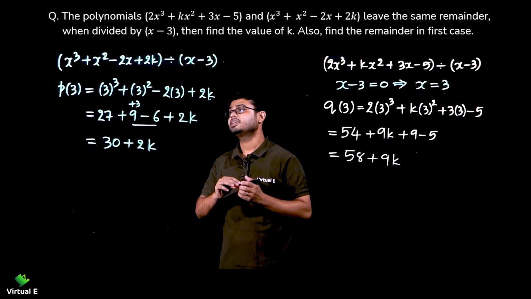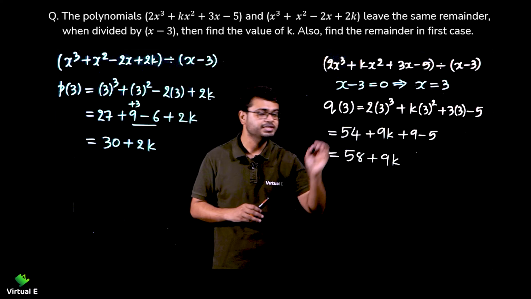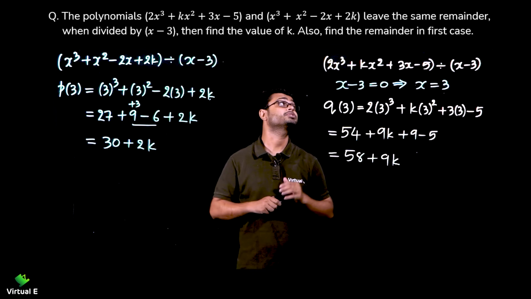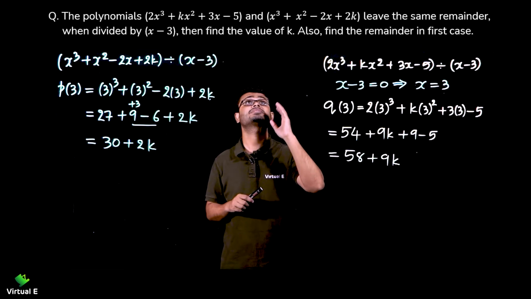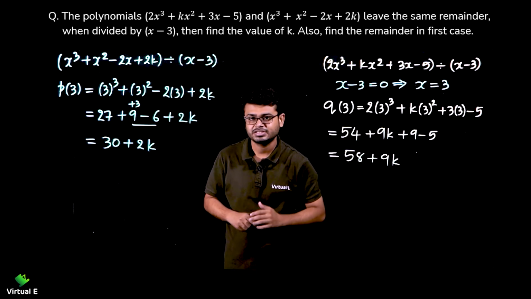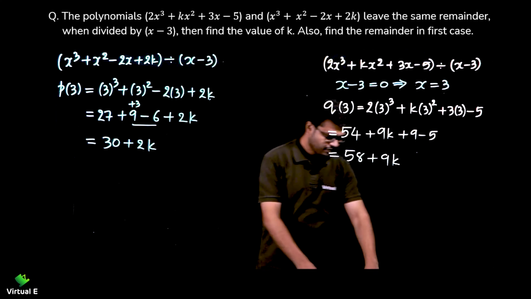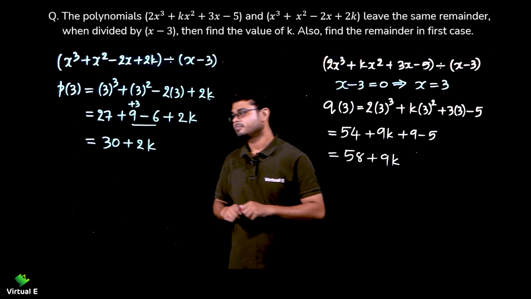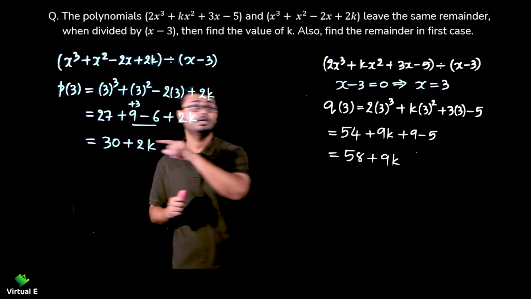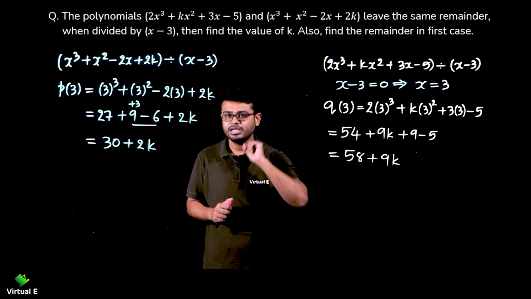Now we have the remainder in the first case and the second case as well. Now let's read the question. When divided by x minus 3, that's given, leave the same remainder when divided by x minus 3. It means that we are supposed to equate both of them, the remainder is the same. This P of 3 and Q of 3 will be equal.